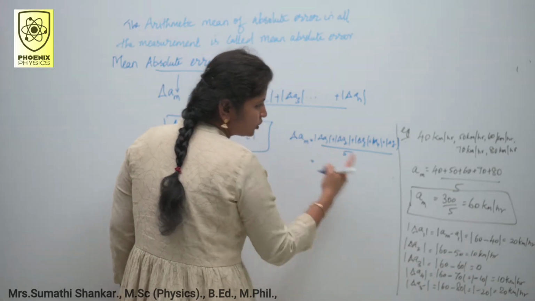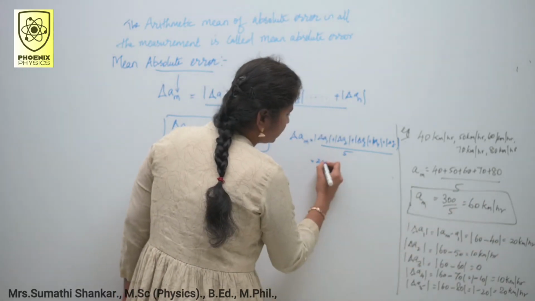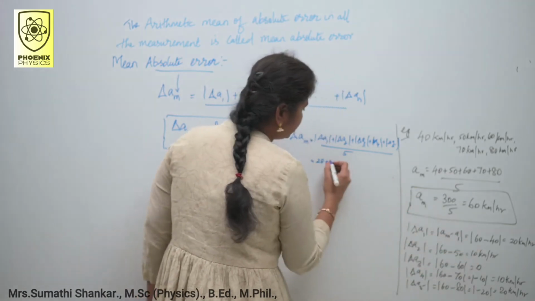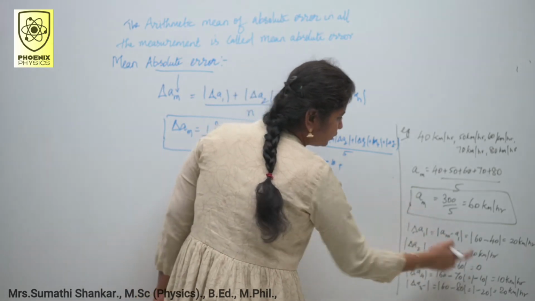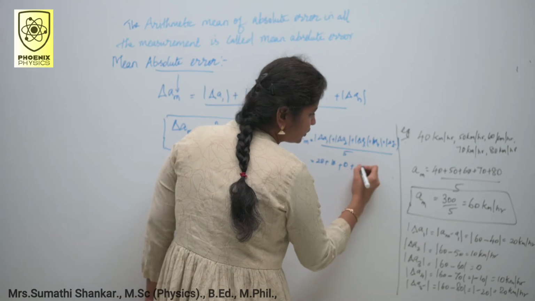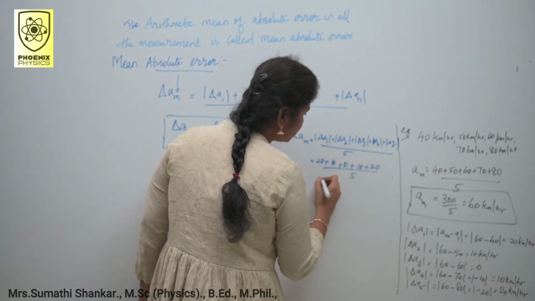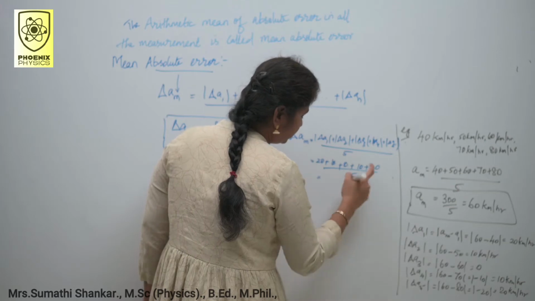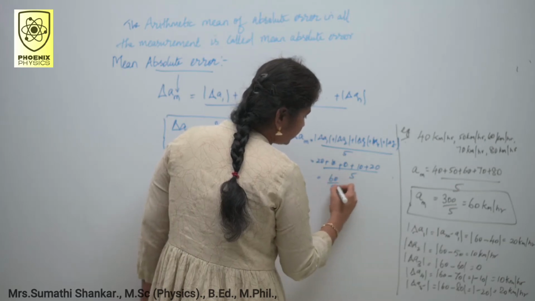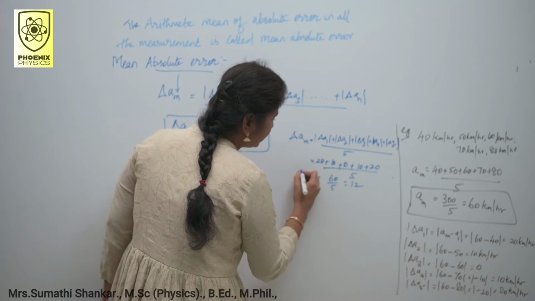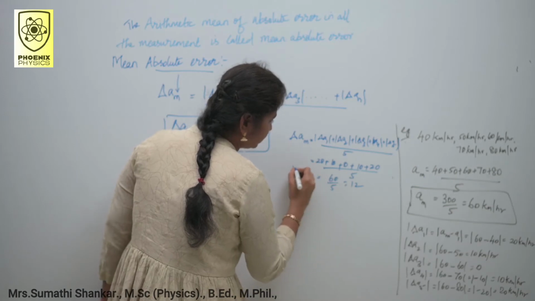So the first value is 20 plus 10 plus the third value 0 plus 10 plus 20 divided by 5. So totally 20, 30, 60 by 5, the answer is 12. So our delta AM is 12.